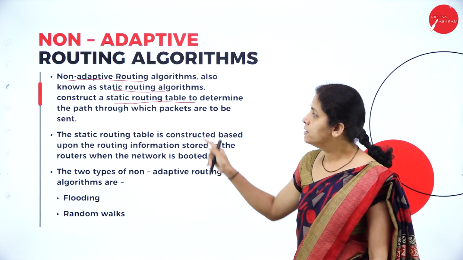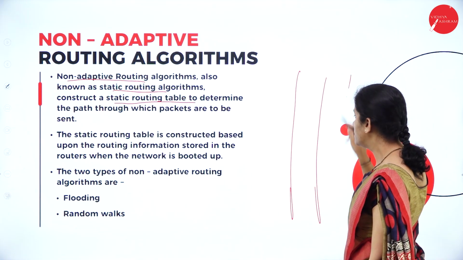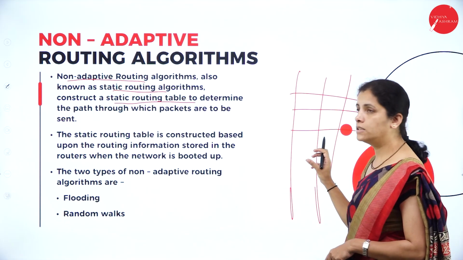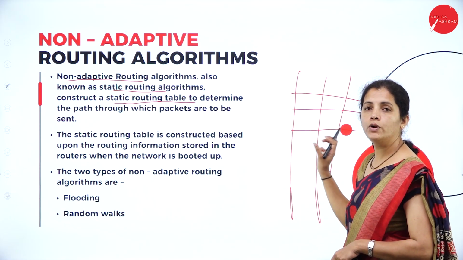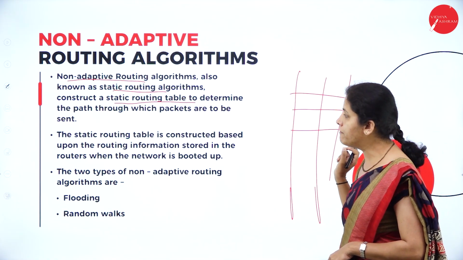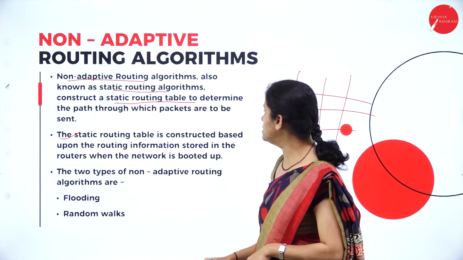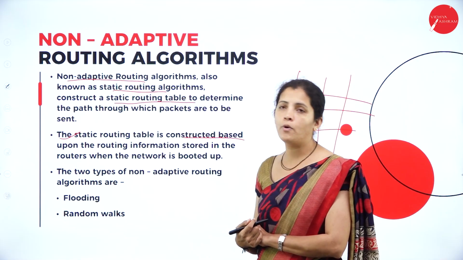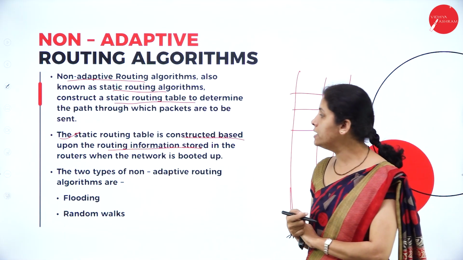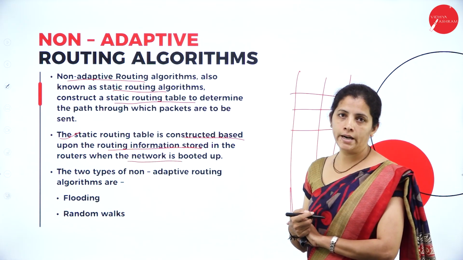So, in my non-adaptive routing algorithm, I'm going to have the static routing table. Okay, so I'm going to construct the routing table and I'm going to follow only the fixed route each and every time. So the static routing table is constructed based upon the routing information and stored in the routers when the network is booted up.